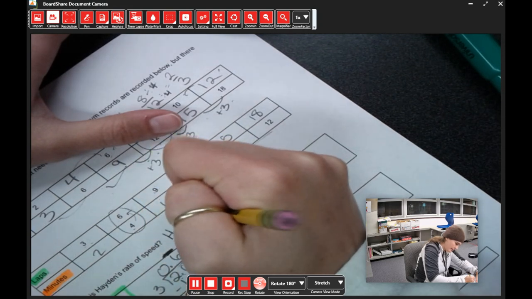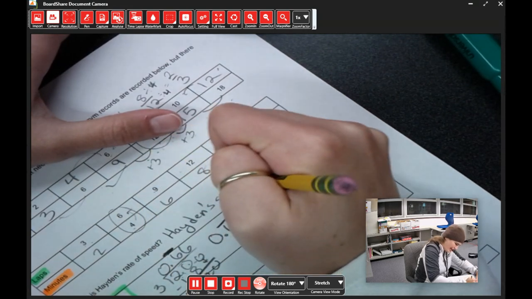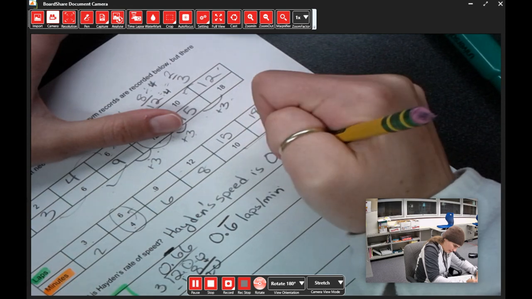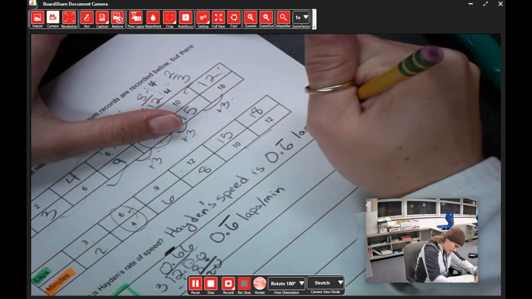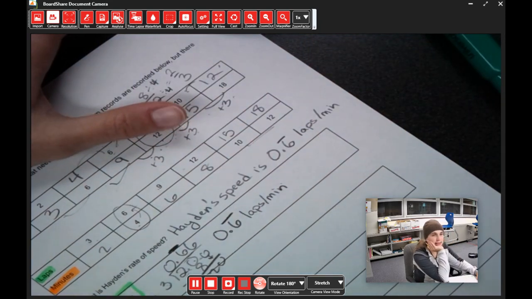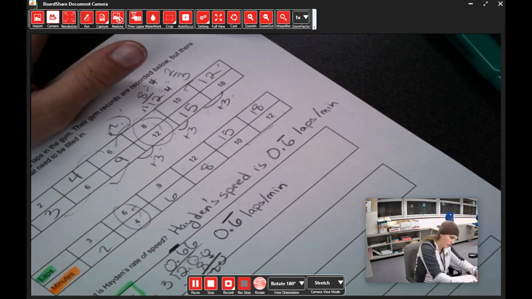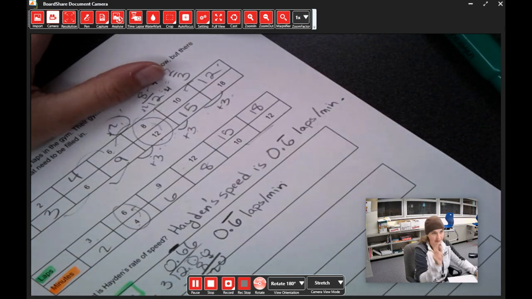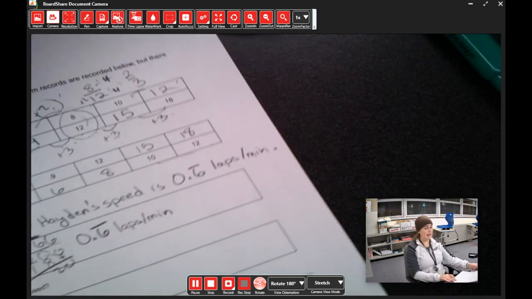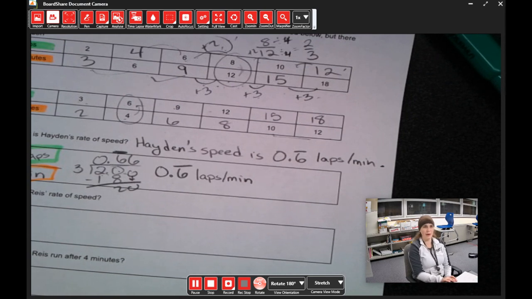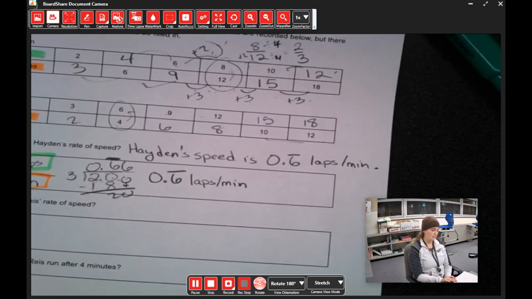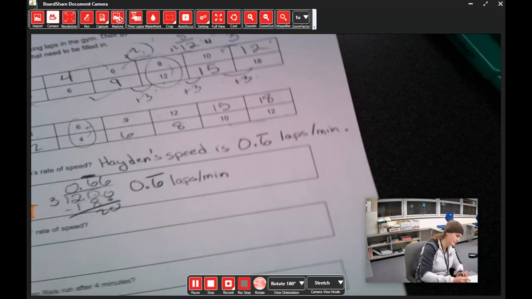Hayden's speed is 6/10 repeat laps per minute. Period. Now, technically, I could have left that as a fraction. I could have just said 2/3 laps per minute, and that would have been right. I don't know why I didn't do that, quite frankly, because that would have made my life easier.